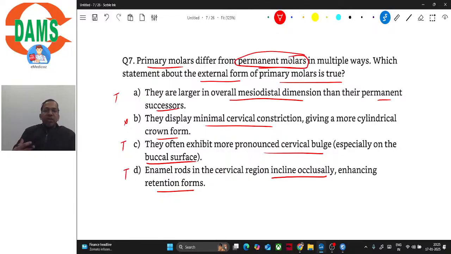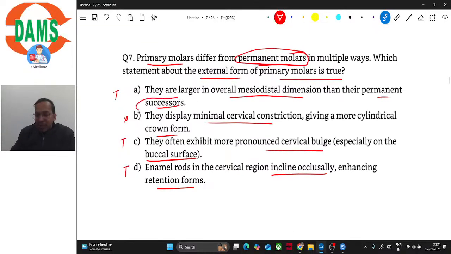So what we need to do is compare the permanent molars and the primary molars. We need to find the feature which compares these two teeth and not the successors, because the successor of the deciduous molars is a premolar, not a permanent molar, right? So option A is comparing the deciduous molar with the premolar, and for that reason this option is incorrect for this particular question.